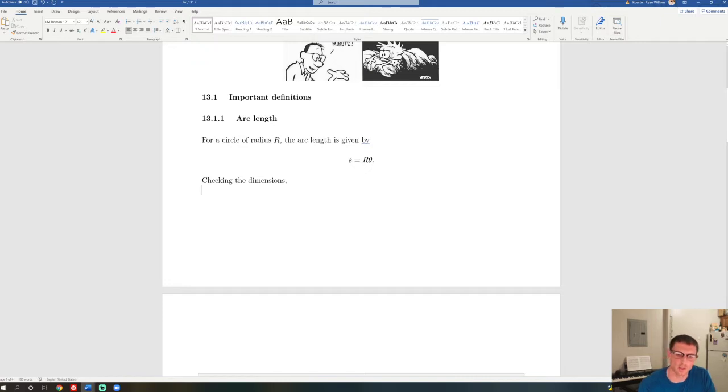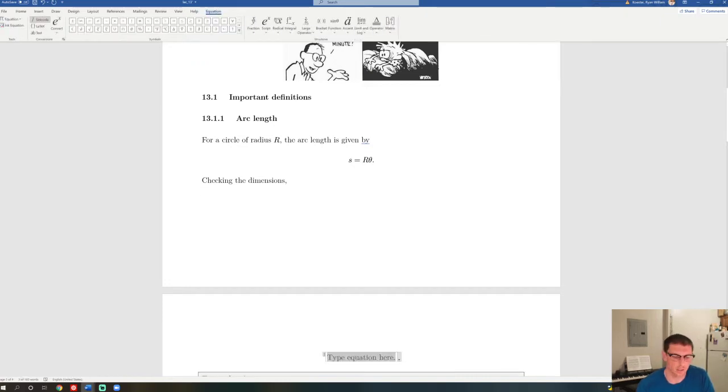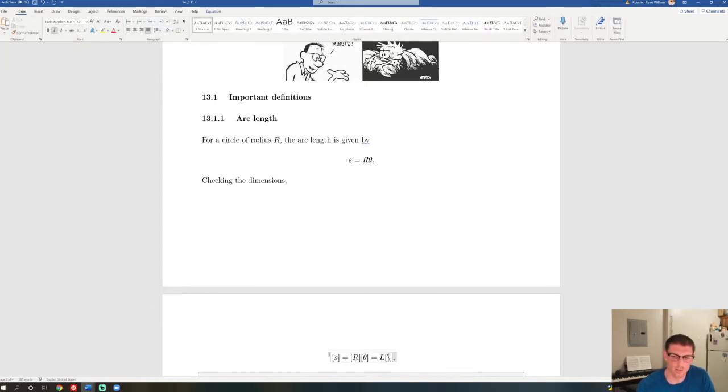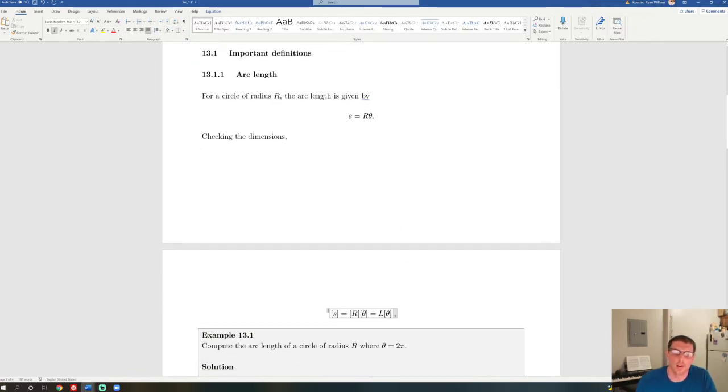We can write that the dimensions of S equal the dimensions of a radius times the dimensions of an angle, and we know that the dimensions of a radius should just be a length. I'll just keep theta inside the square brackets here for the time being. And I want to do this because an arc length should have dimensions of length, because, I mean, it's in the name.